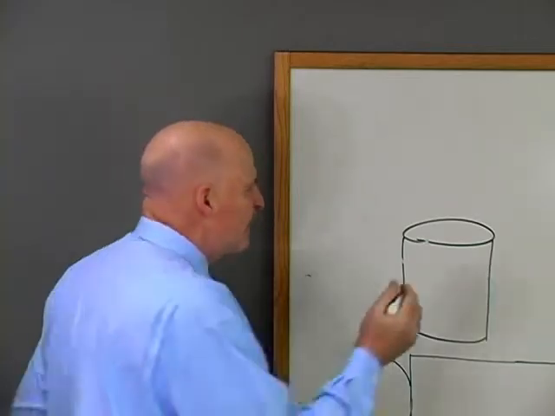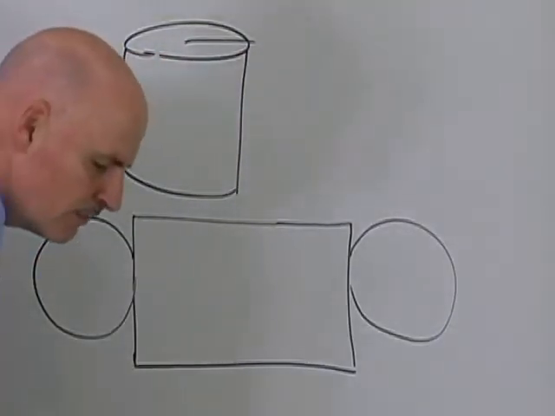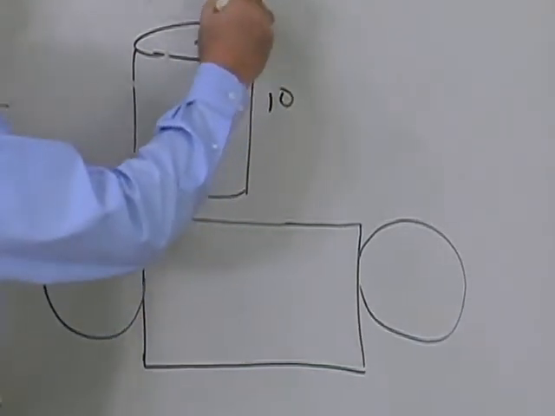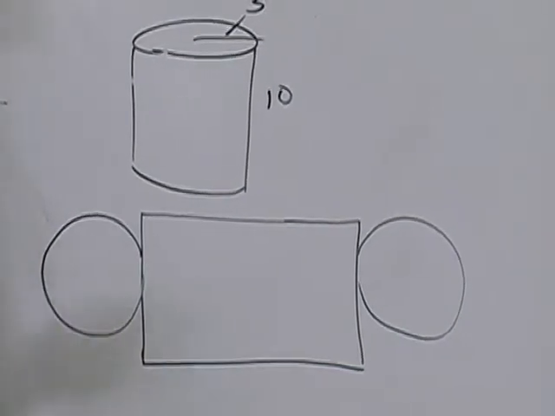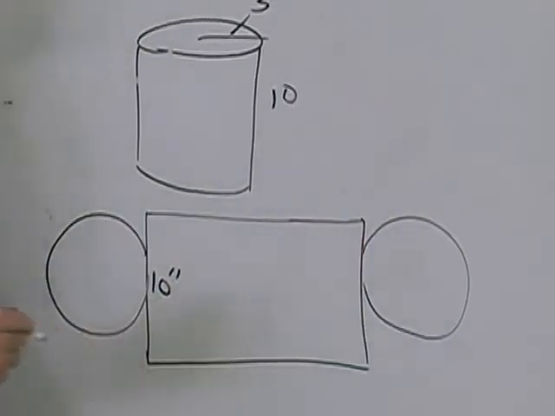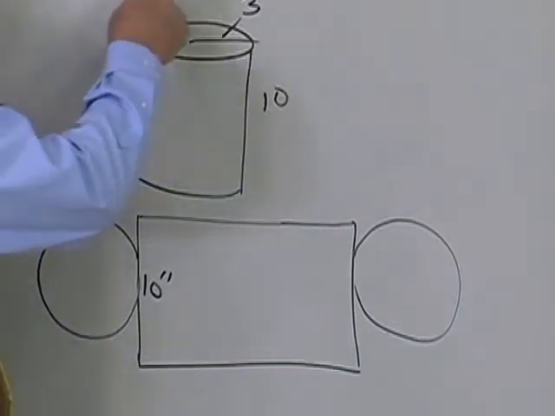I mean, let's say that this radius is, let's do the one that's in the book just to be safe. Radius is 3, height is 10. This is 10, this is 3. So if this is 10 from here to here, how far from here to here? It would be the distance all the way around.